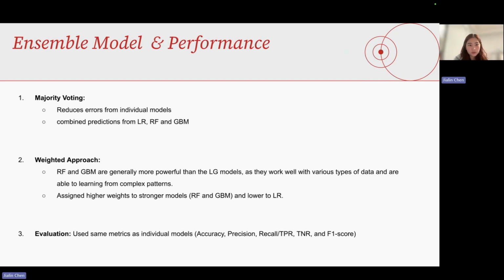I build the ensemble model by combining all three models using majority voting, which helps reduce the error from each model and provides a more reliable prediction. In the weighted approach, I give higher weights to random forest and gradient boosting because they are generally stronger and better at capturing complicated data, and the logistic model has a lower weight since it has more restrictions.